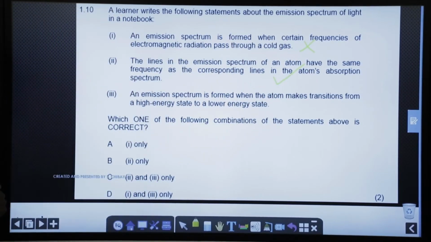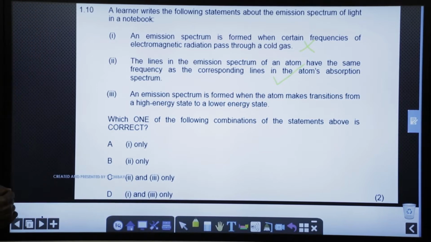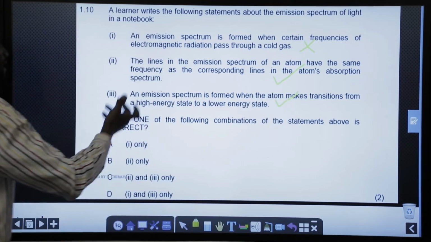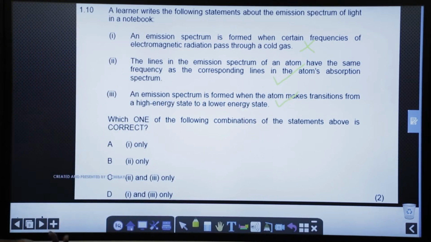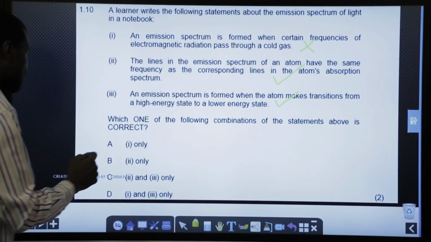This one is correct. An emission spectrum is formed when the atoms make a transition from a higher energy state to a lower energy state. This is correct. With the absorption spectrum, it's the other way around. It is when atoms make a transition from a lower energy state to a higher energy state, right?